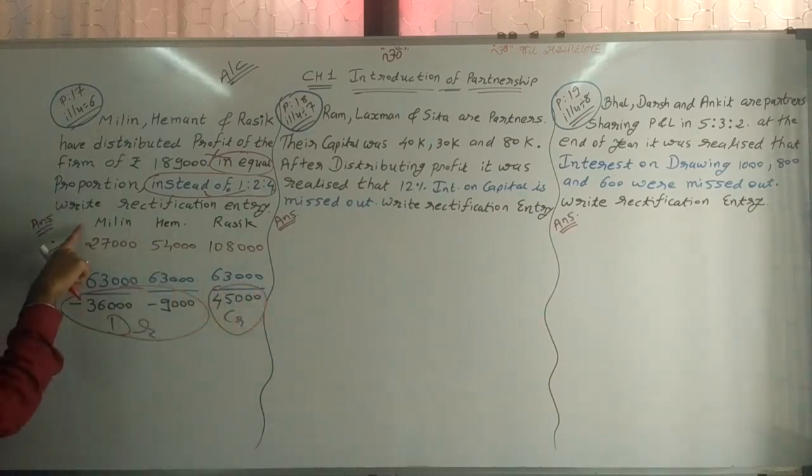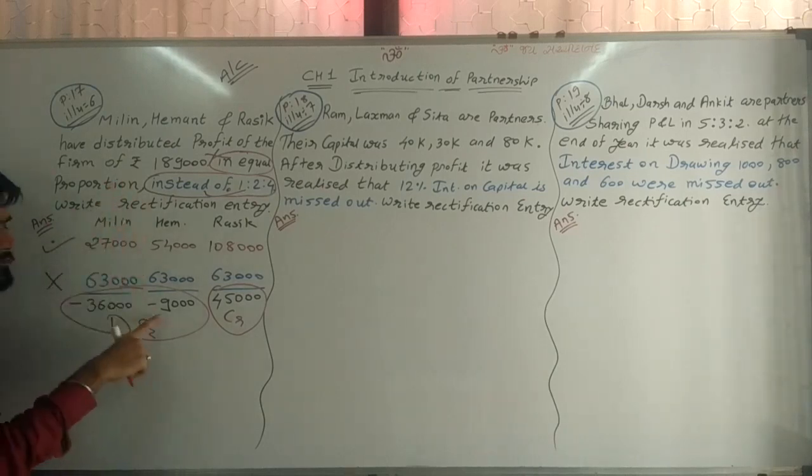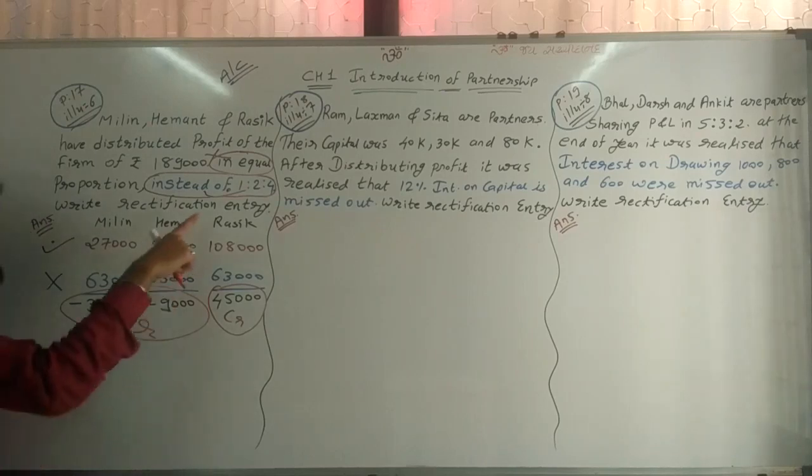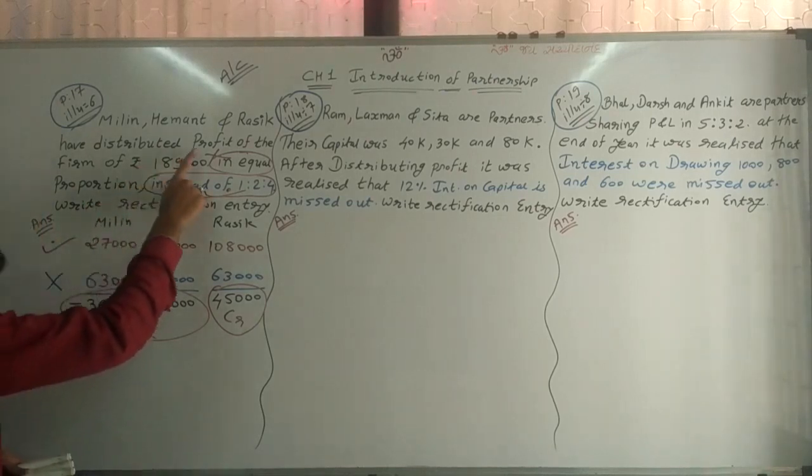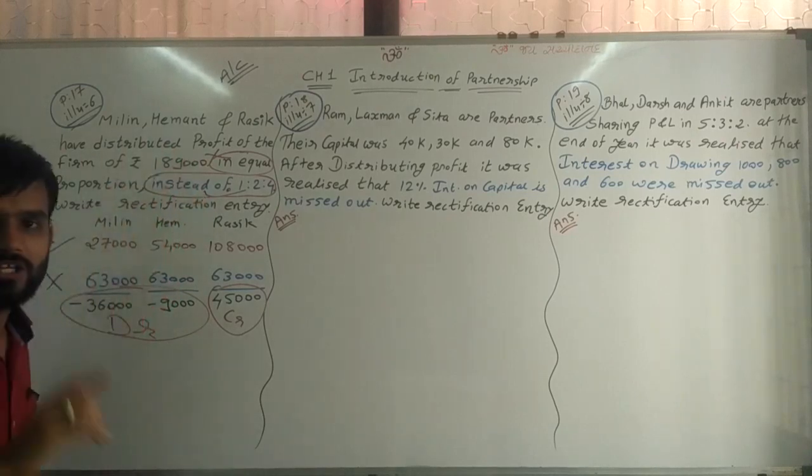So in Milin account we are debiting 36,000. In Hemant account we are debiting 9,000. And in Rasik account we are crediting 45,000. So minus debited, plus credited. This is the rule. But there must be the profit.